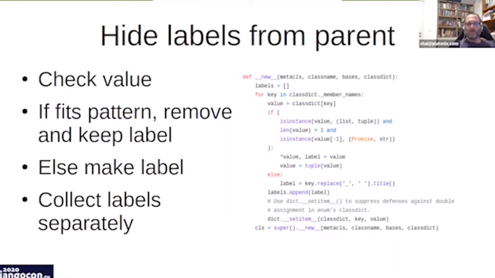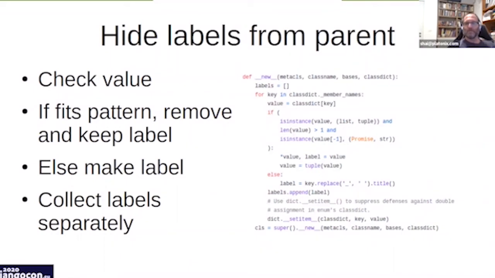We go over this list of names, and for each one of them, we pick up the value, and we look at it. We check if it looks like something that is a value with an added label. That is, if it's a sequence with more than one element, and the last element looks like a label.